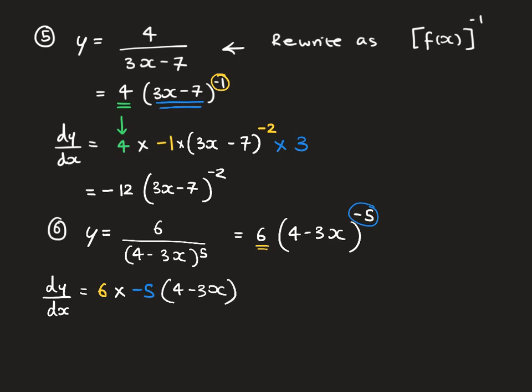Reduce the power by 1, so it becomes negative 6. And then multiply by the derivative of this inner function, which is negative 3. So quite a lot to do in this particular question, and we get to a final answer of 90, 4 minus 3x to the power of negative 6.